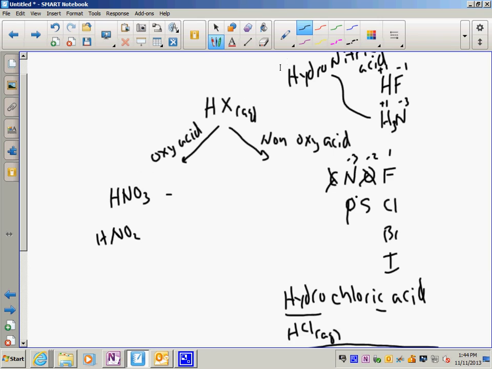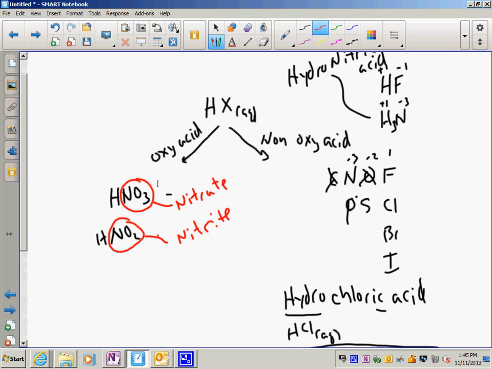Really, what we have here is this ending here is going to be a polyatomic family. I often refer to these as family acids, but they're polyatomic oxy acids. This is a polyatomic anion. So this one is using nitrate, as opposed to this one here is using nitrite.